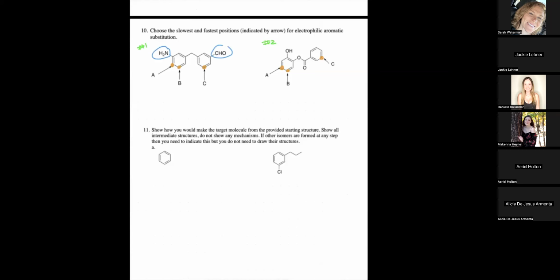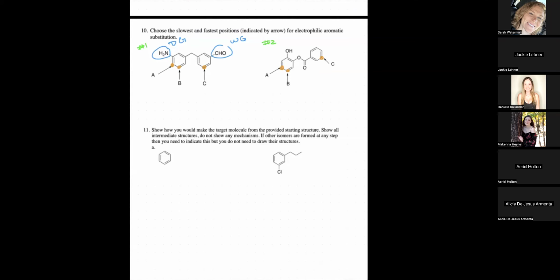What's the nitrile group? Donating or withdrawing? And what's the aldehyde? Withdrawing. Cool. So what are we going to listen to? The donating group. Yeah. So we listen to the donating group because we want to know what the electrophilic aromatic substitution is going to be the fastest on, right?